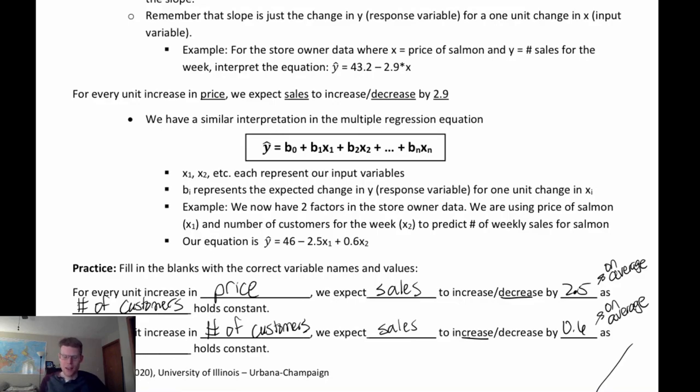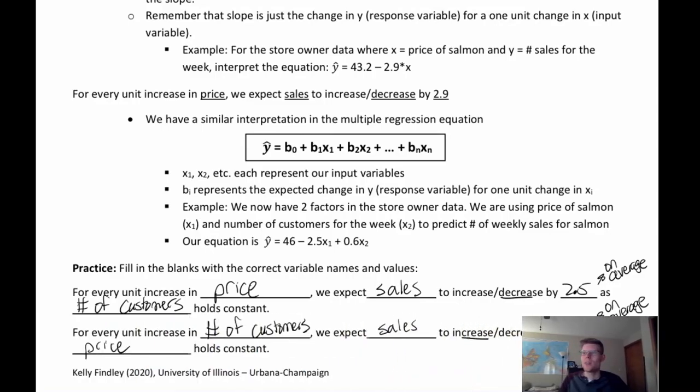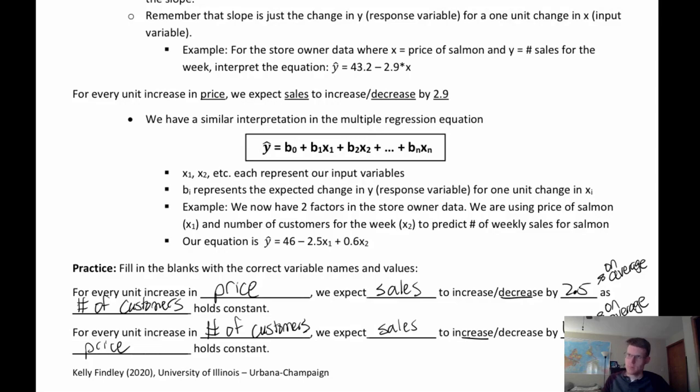And that hold constant part is important here, again, because when I'm saying that, I'm recognizing the fact that if I'm just looking at one of these predictors, if, let's say, customers and price are correlated, then that means that for every one additional customer that I see in the store, it might correlate with a change in price. Perhaps I have more customers when I have lower prices.